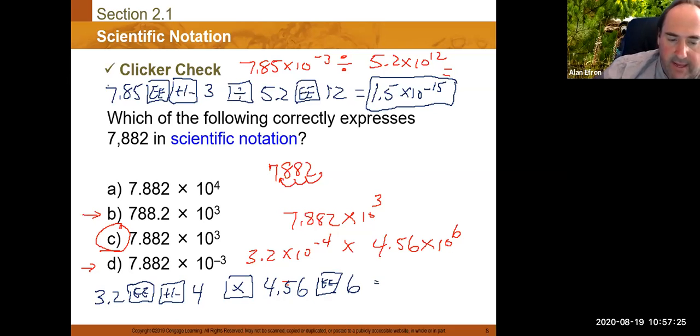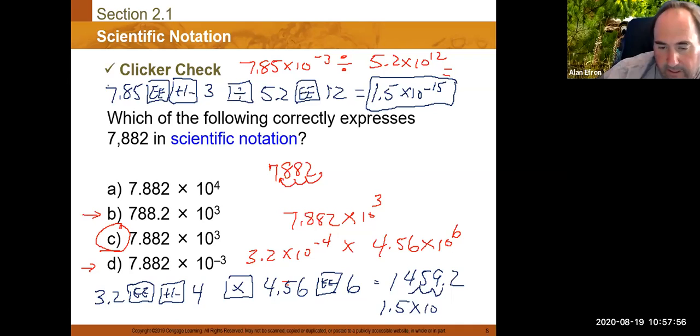If you do that, you get something like 1459.2, which obviously is not in scientific notation. Correct scientific notation would make it something like 1.5 times 10 to the 3. We give our answer there.